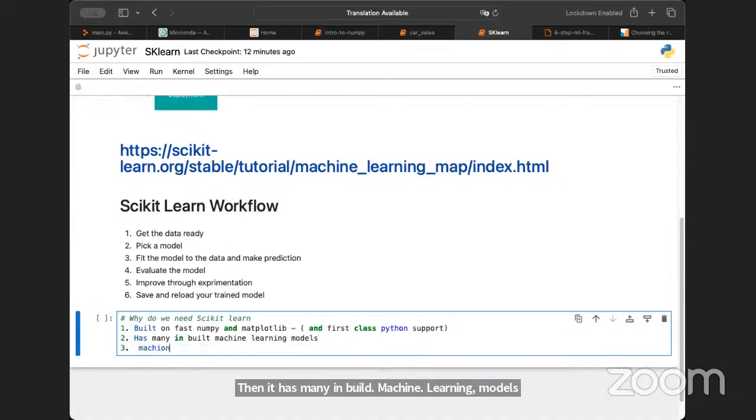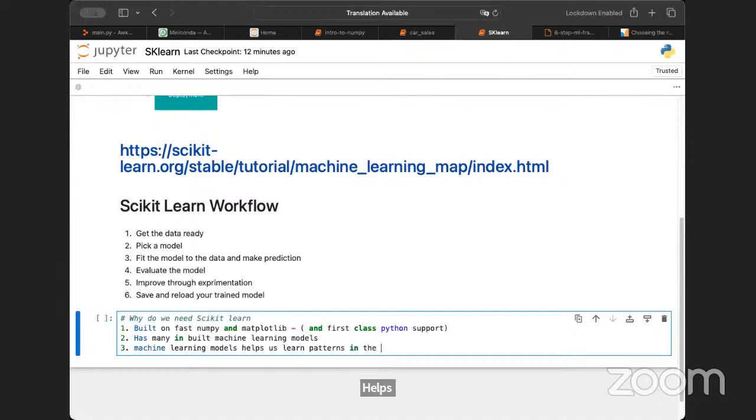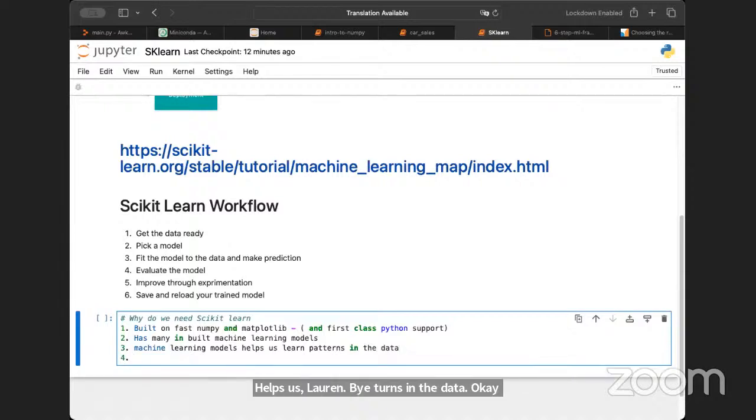Machine learning models help us learn patterns in the data. Finally, machine learning models help us make predictions. So this is why we need Scikit-learn.